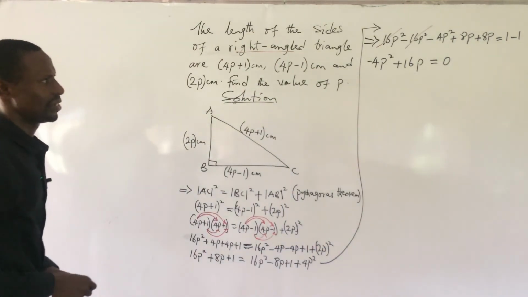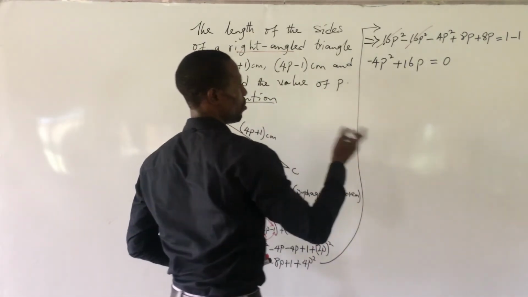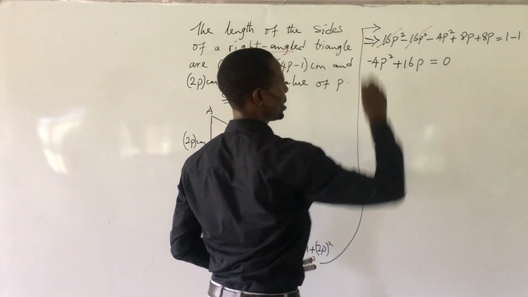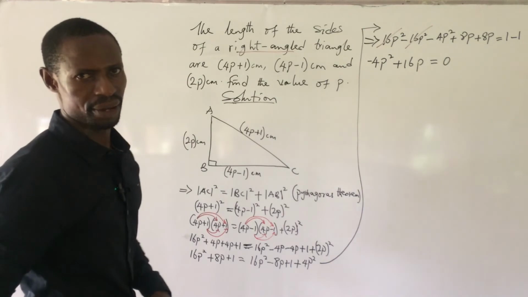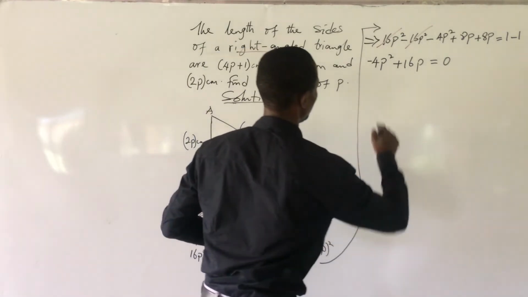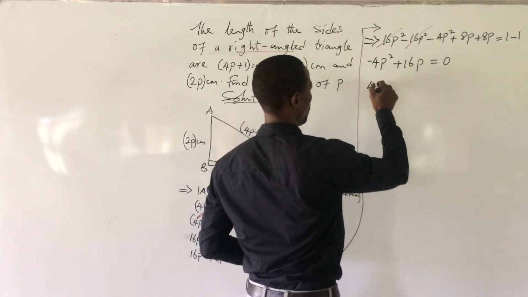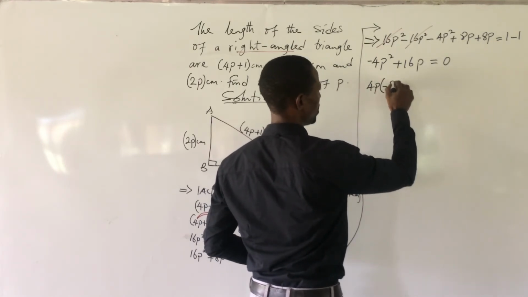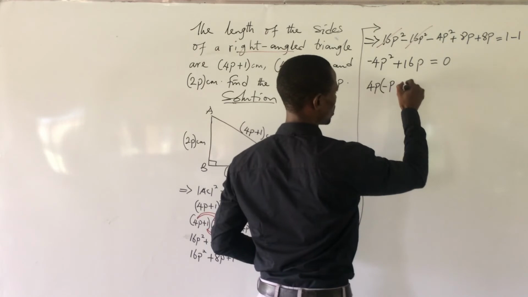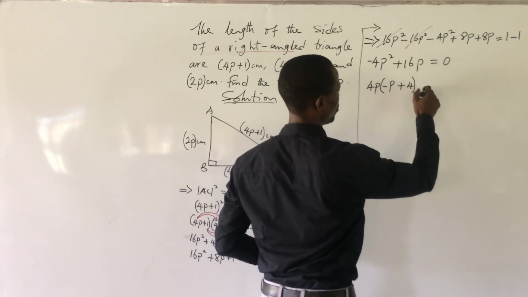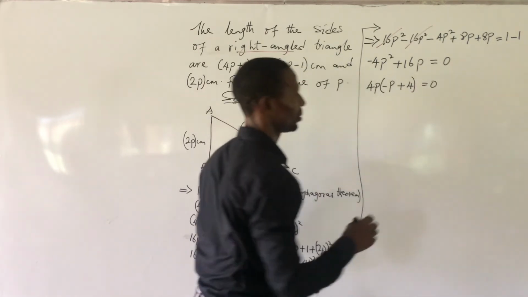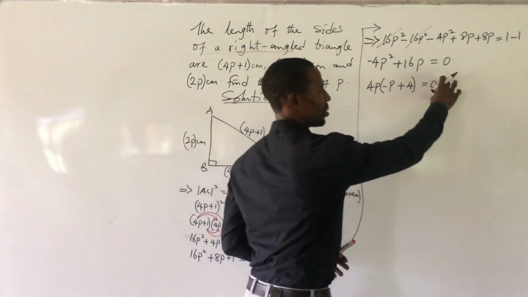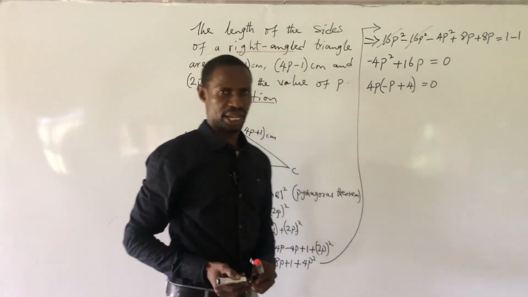Very easy. All right. Now from this place, we can factorize 4p out. If we factorize 4p out, we are left with 4p(-p + 4) equal to 0. So at this stage, we can equate this to 0 and equate this to 0.